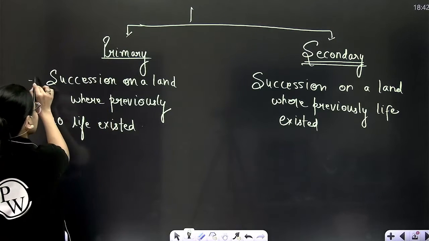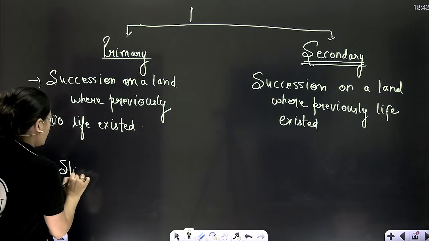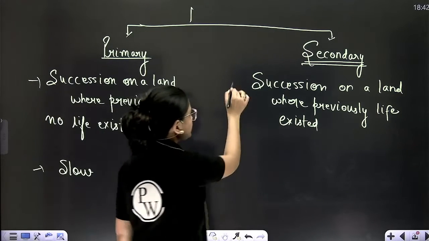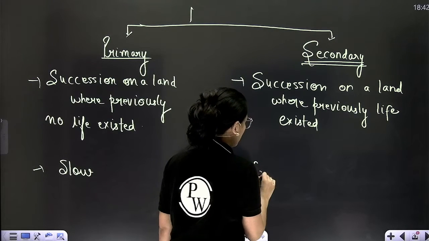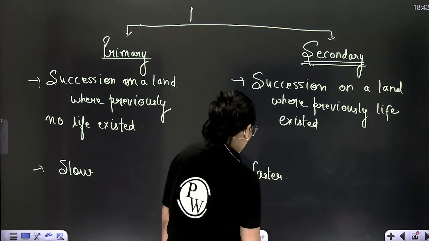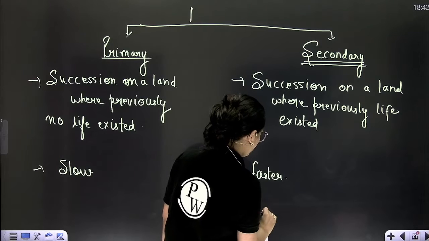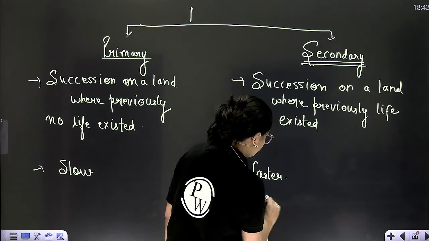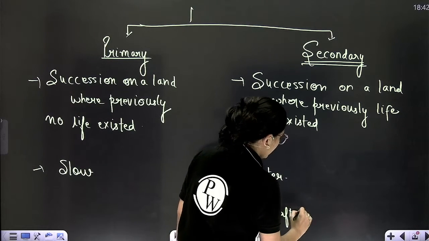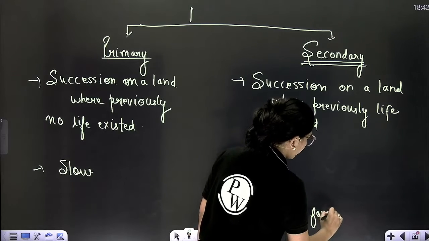This primary succession is comparatively slow and the secondary succession is comparatively faster. Like for example, the area after a forest fire. This is an example.